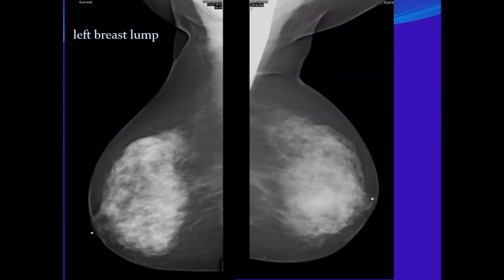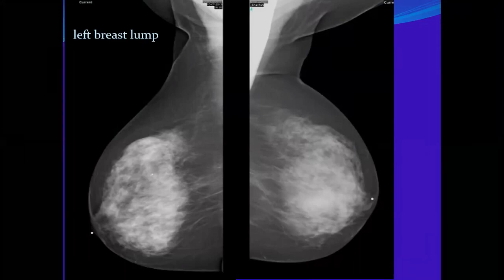Quickly, there is an area of asymmetry at the lower part of the left breast. Excellent. There is no associated skin thickening, nipple retraction, architectural distortion or axillary lymph node.